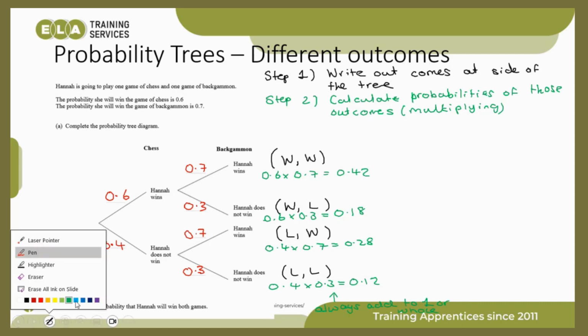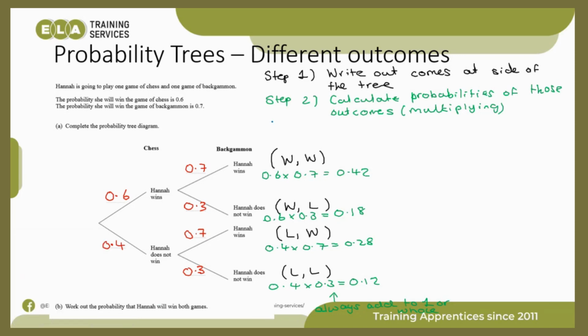Then step 3, we're then going to tick all the outcomes that apply to the question. And our question says, well, Hannah will win at least one of the games.